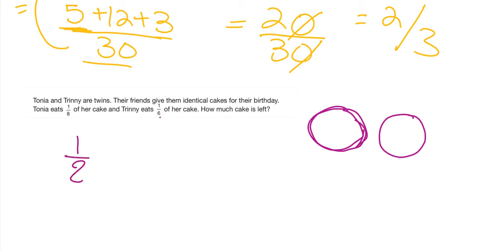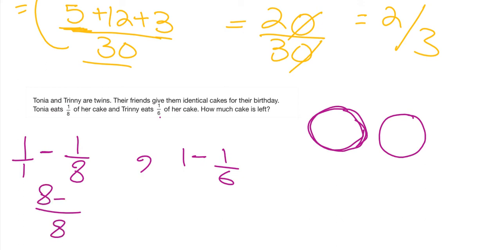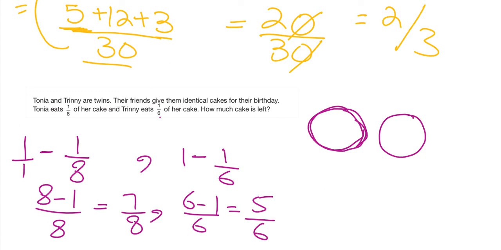Like you can easily work in this form. Five over six. Okay, so why do we need to write it in this form? So the whole is one.